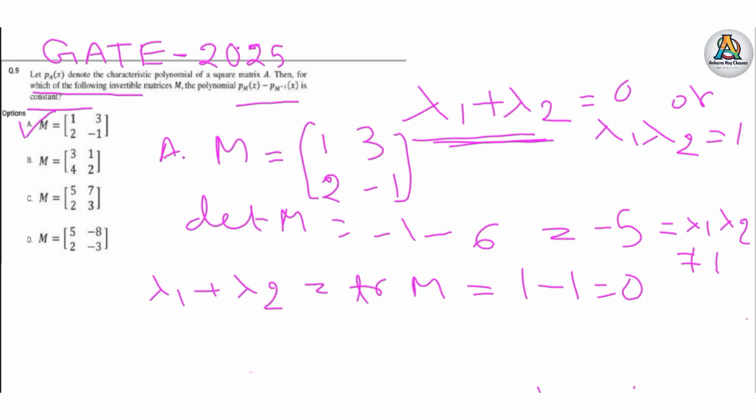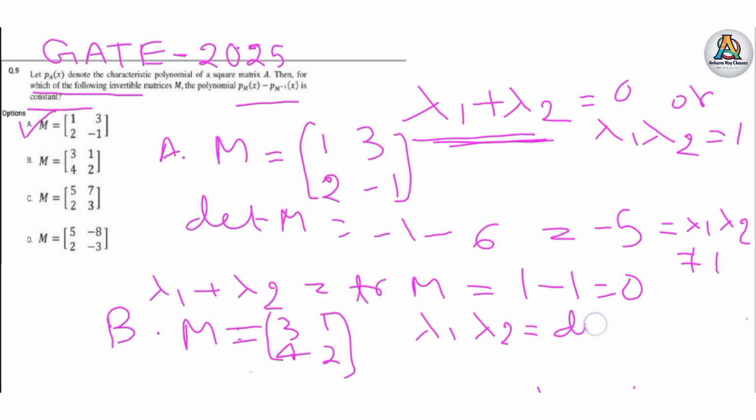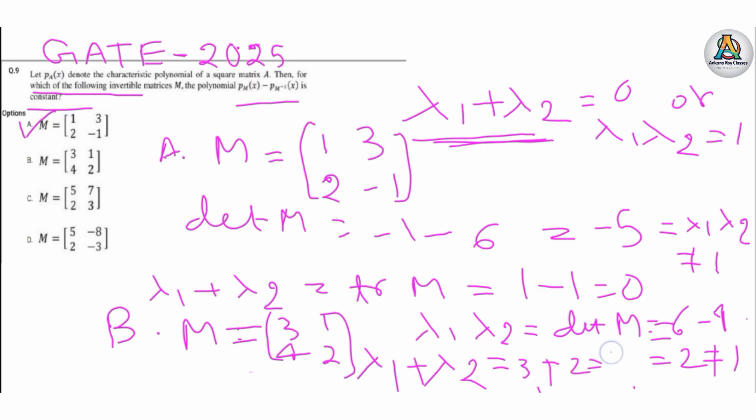Now for option B, M is equal to [3, 1; 4, 2]. Here lambda 1 lambda 2 is equal to the determinant of M, which is 6 minus 4, that is 2, not equal to 1. And lambda 1 plus lambda 2, the trace of M, that means 3 plus 2, is equal to 5, which is also not equal to 0. Therefore, both conditions are not satisfied. Therefore, for this M, P_M(x) minus P_M inverse(x) is not constant.